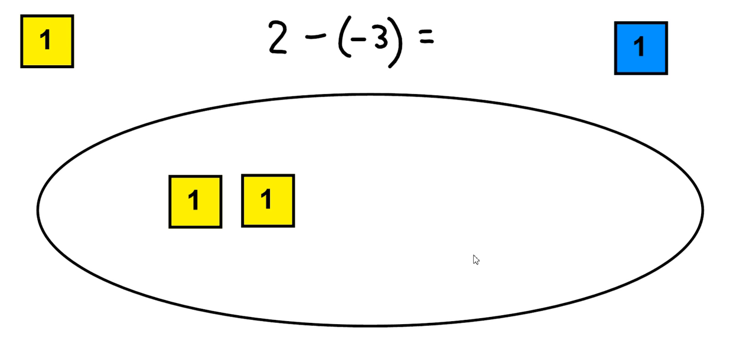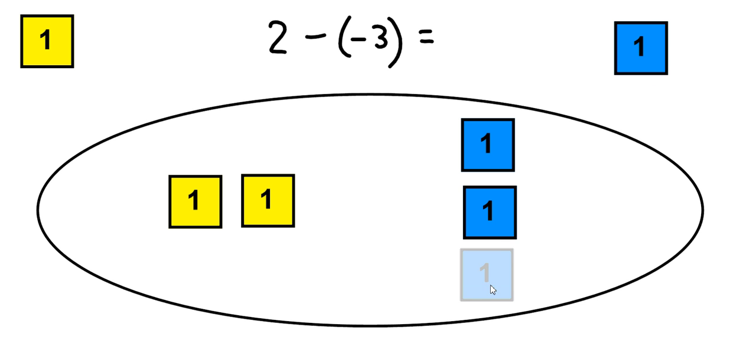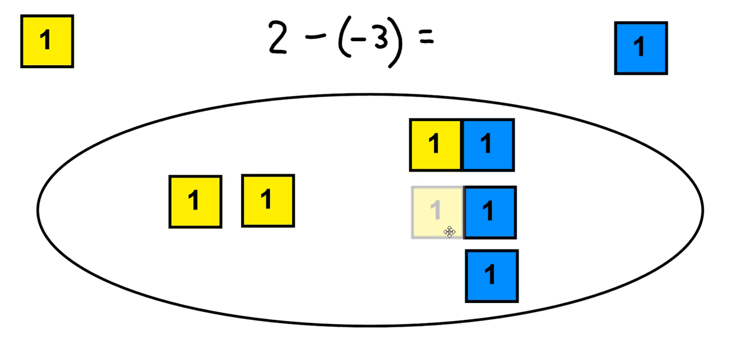So we can't take away what isn't there. So at minimum, there has to be 3 blue chips in the play area so that we can take them away. But we can't just throw 3 blue chips into the play area because now we've changed the value of what's in there. It's now not 2 anymore. Unless what we throw into the play area are not 3 blue chips, but 3 zero pairs.